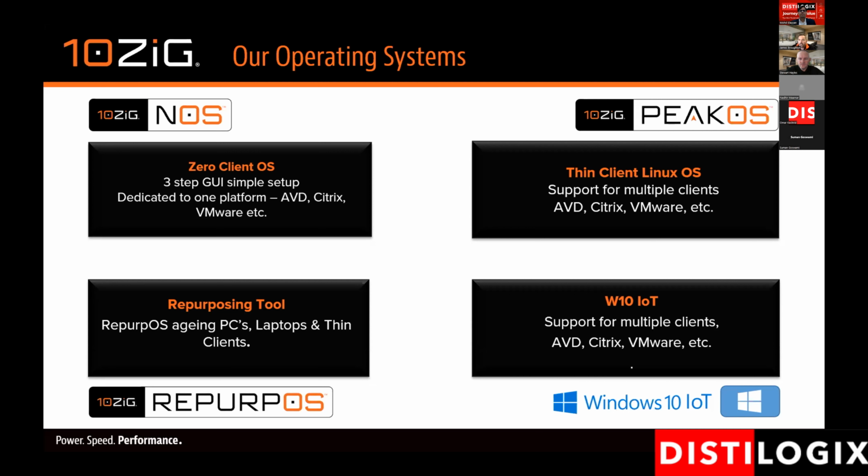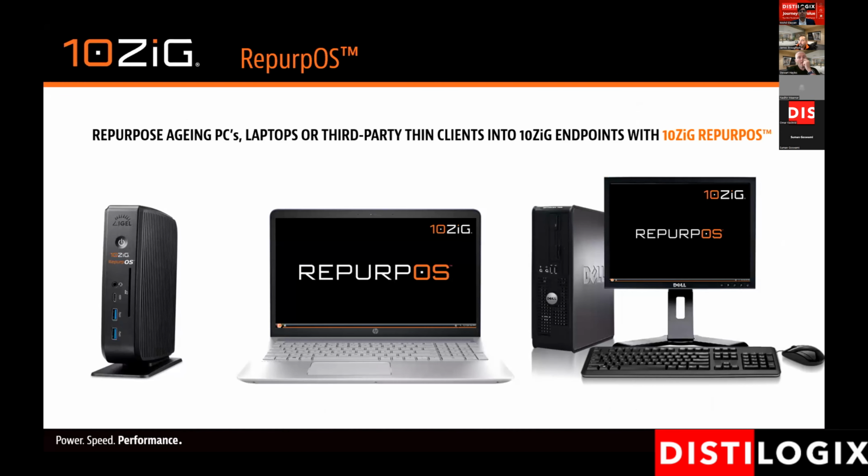They're both locked down. They're both operating systems that you, your customers, or end users cannot install things to. It's a locked down OS, which means it's very stable and very secure. We also offer 10IoT, which is a Windows OS that we can install on our thin and zero client hardware.